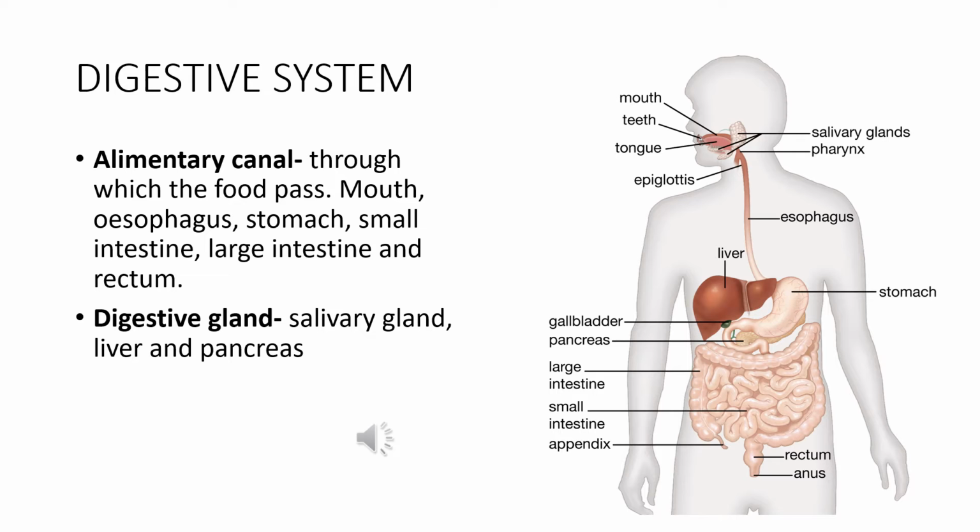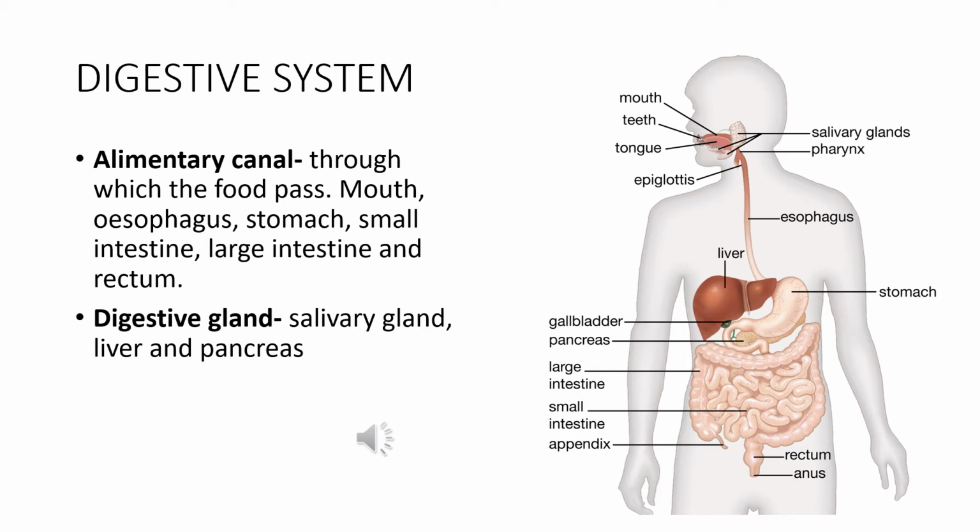These glands include the salivary gland, which is joined with the mouth, then the liver, which is present beside the stomach, and the pancreas, which is present below the stomach. These three are the digestive glands which secrete substances that help the food to digest, but through this path the food is not passing.